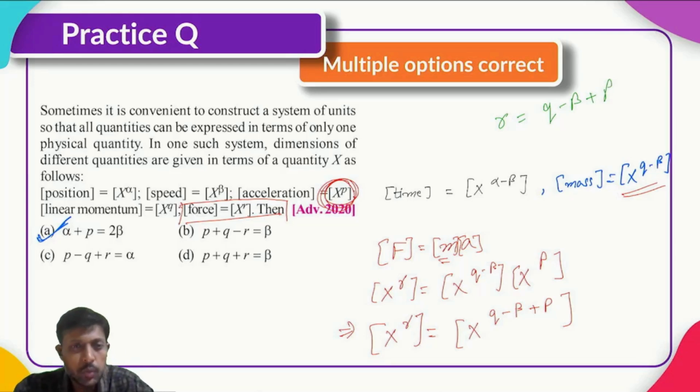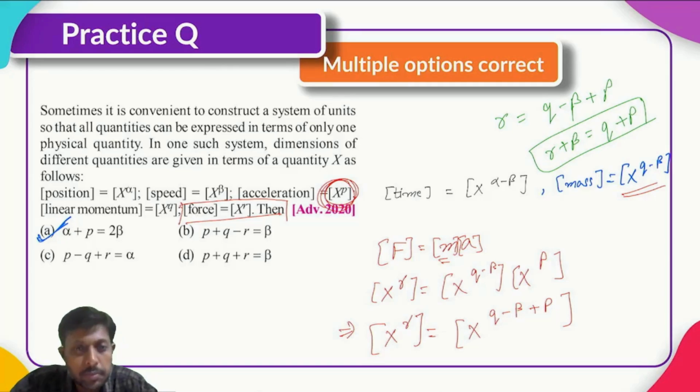Let's see if this matches with any of the options. Every other option relates p, q, r, and beta. What I'm getting is r plus beta is equal to q plus p. P plus q equals r plus beta. This is the option that I got.